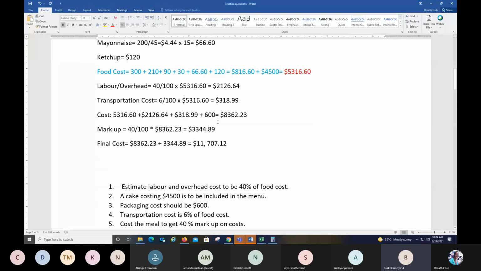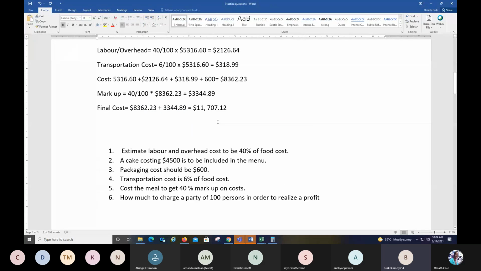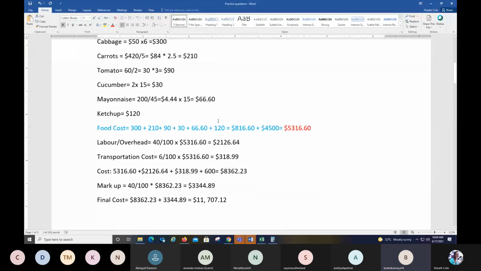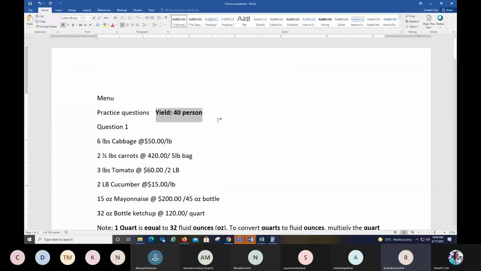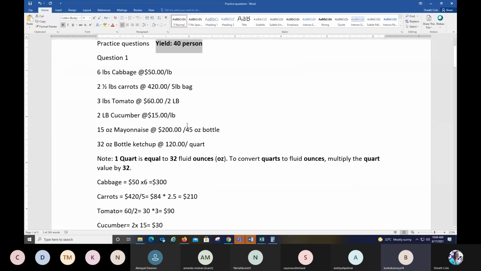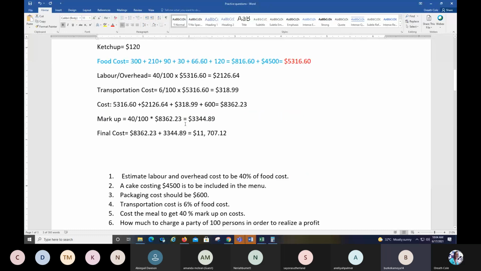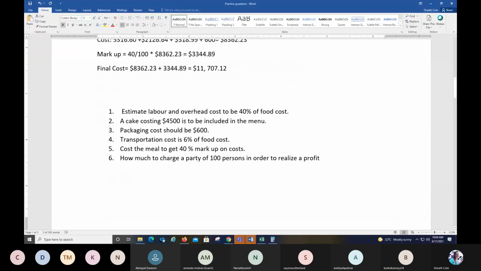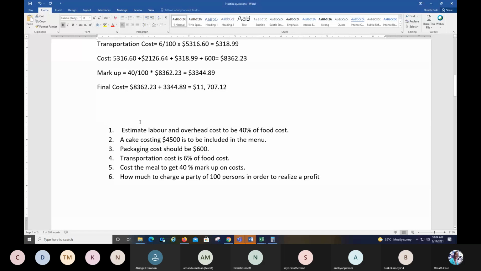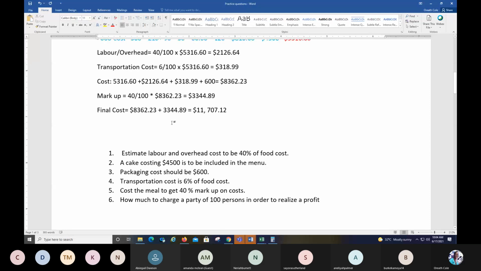That means it's 40 persons the recipe asks for, but we are catering for 100. So I divide the money by the 40. All right. So the cost for one person is going to be 292.67.